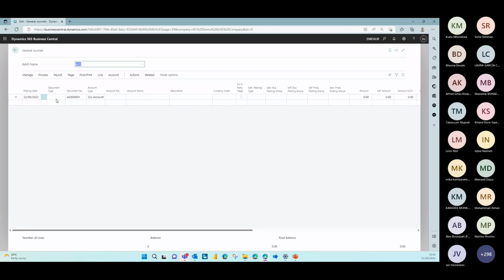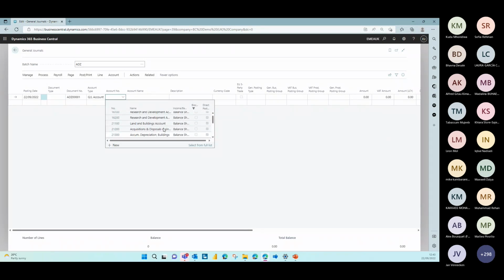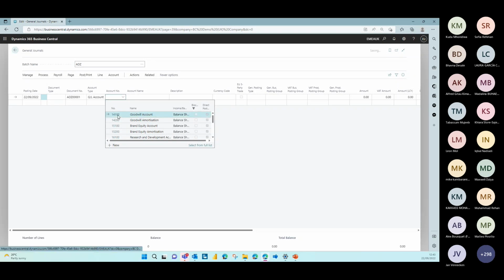So if I want to post GL to GL, for example, for whatever reason, maybe because I don't use the fixed assets, I don't use the fixed asset module in BC, and I just want to do the posting. God knows why, but let's just assume. So can you see I've enabled direct posting?